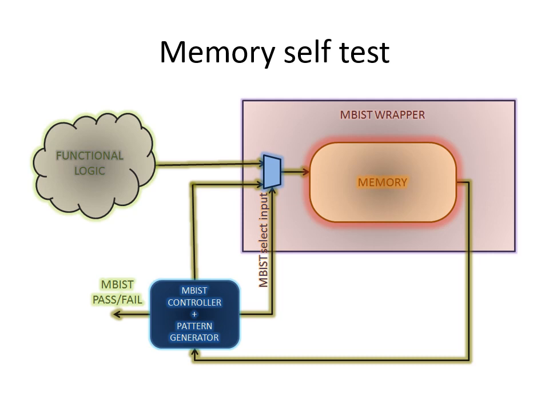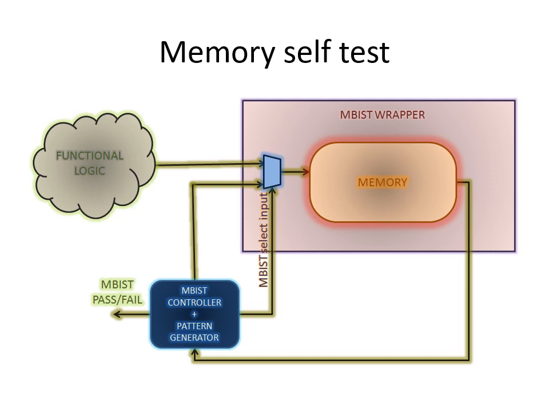Then it also interfaces the memory with the on-chip logic and the memory built-in self-test controller. This controller indicates the start of the memory built-in self-test with a select input. The memory then starts the built-in self-test algorithms and provides the test output to the controller.